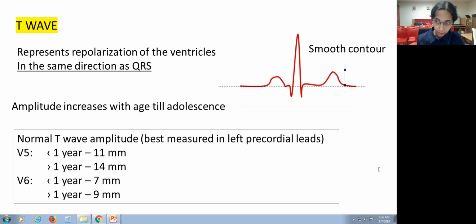Palakkad group, can you hear me now? Can you hear me now? Hello? Amrita, is it audible?